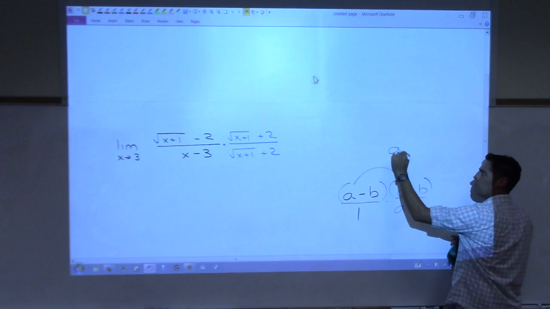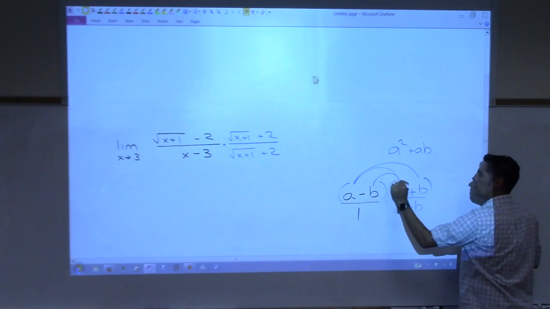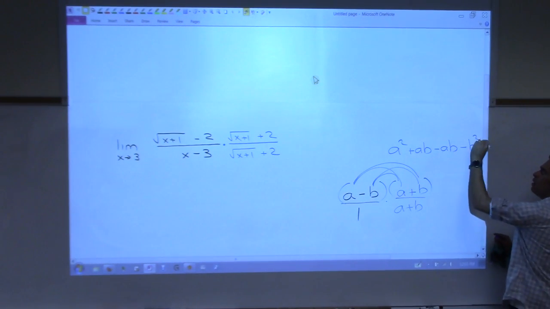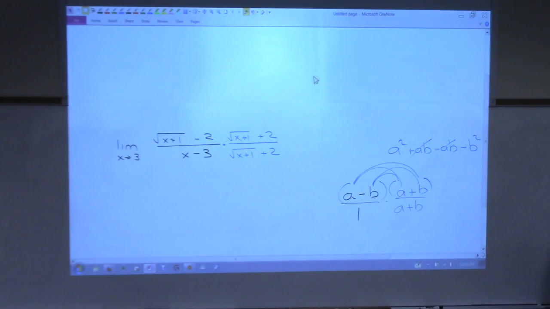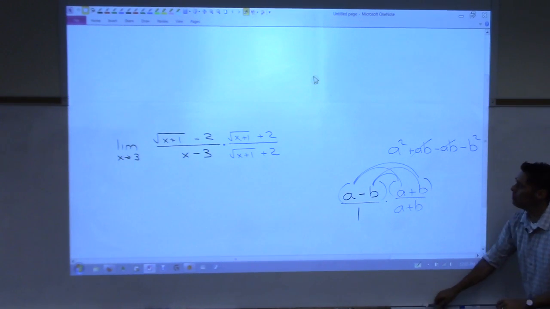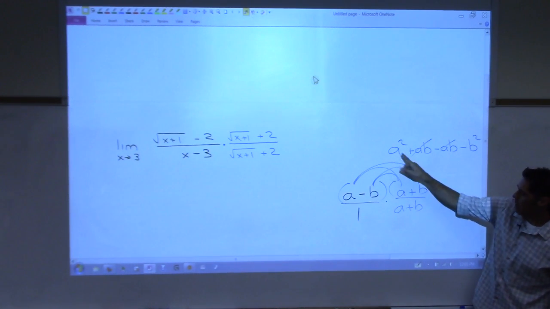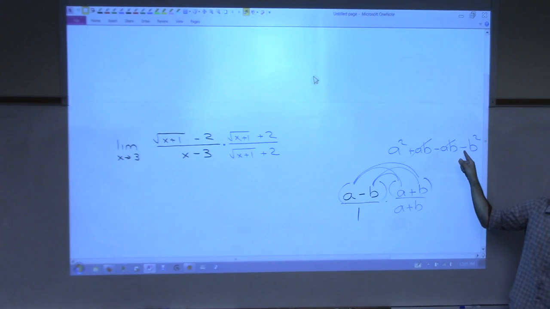This, this, this, this, and what goes away? The middles, right? The middles. And what you wind up with is that first one, a squared, and this last one, b squared, but subtracted.